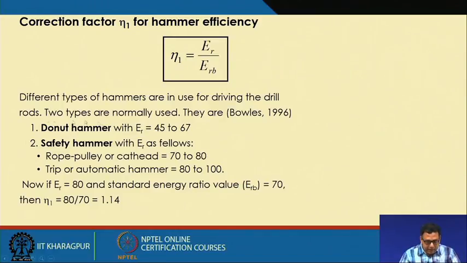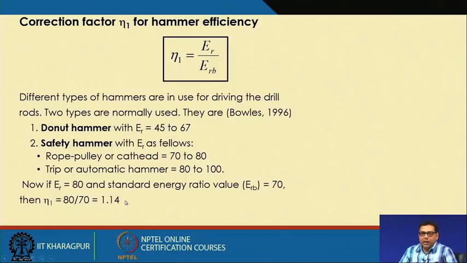As I mentioned, this ER value is different for different hammers. For a donut hammer it is 45 to 67, for a safety hammer with rope pulley or cathead it is 70 to 80, and for a trip or automatic hammer it is 70 to 100. Now we get the hammer efficiency correction. If our ER is 80 and the standard energy is 70, the correction will be 80 by 70, which is 1.14.